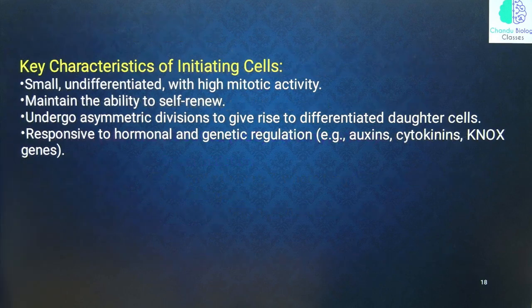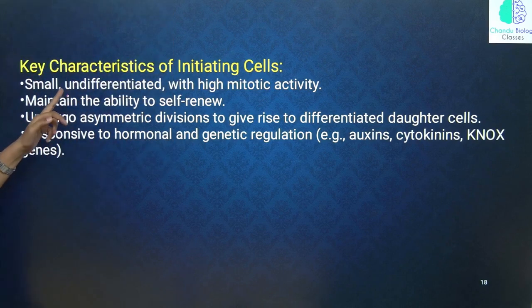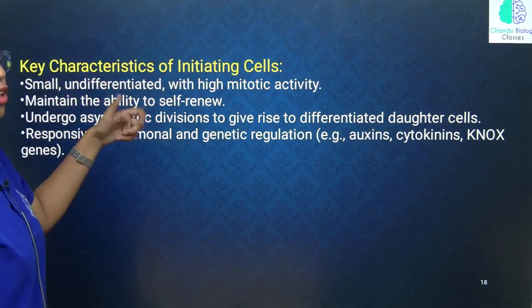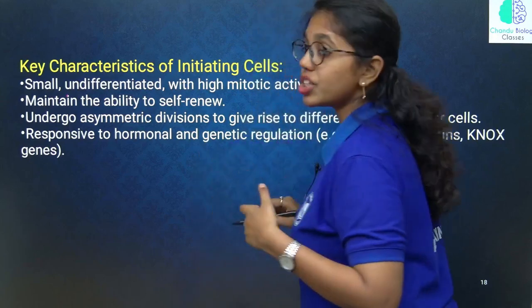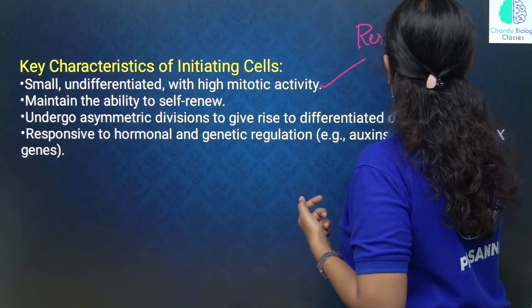Key characteristics to remember with respect to initiating cells: they are small and undifferentiated, and they have high mitotic activity. When cell division is very fast, the respiration rate is also very high.